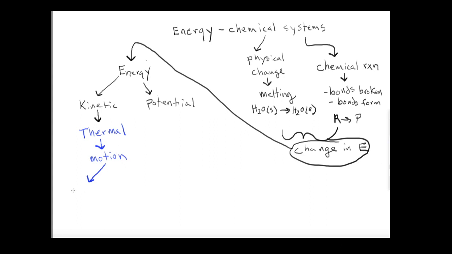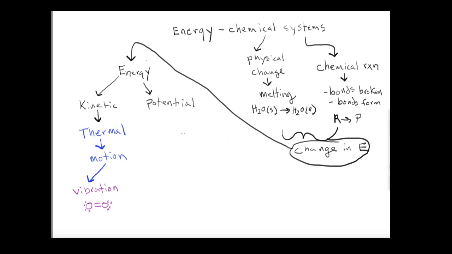One type is vibrational. So vibration. So for example, if we have a water molecule, and you should be comfortable with the loose formula, the two oxygens are bonded by a double bond.